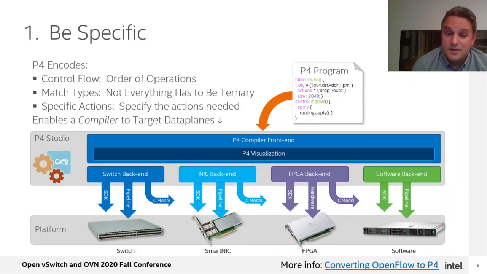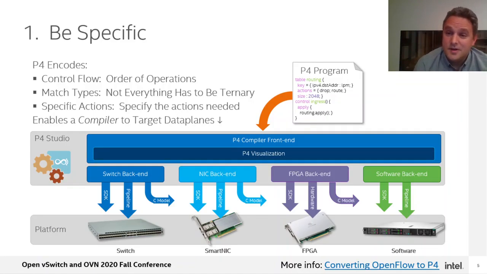Or we could ask our compiler to put it into some piece of hardware and say, does my hardware support this program that I want to run? And so, being specific allows us to, at that compile step, decide, does my P4 program fit in my target? Is my target capable enough of doing the things that I'm asking it to do inside the P4 program?